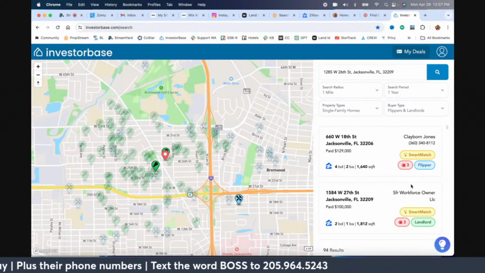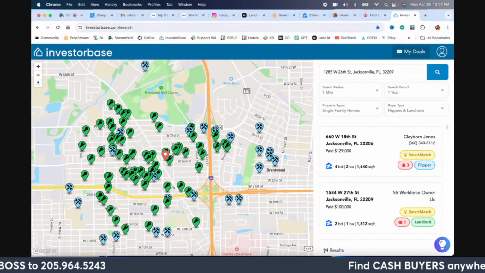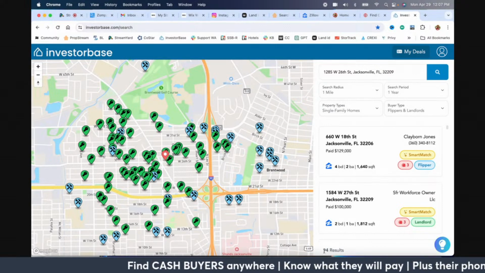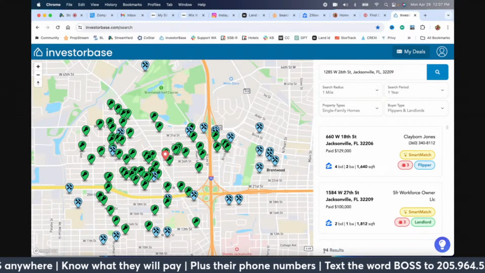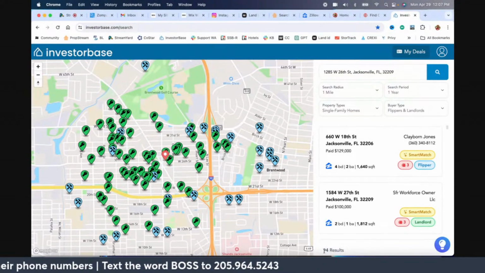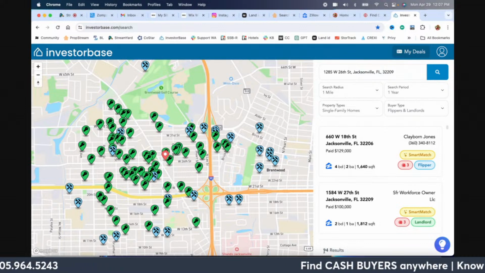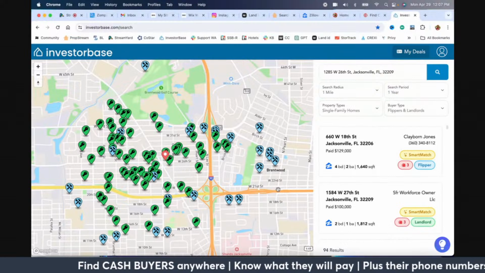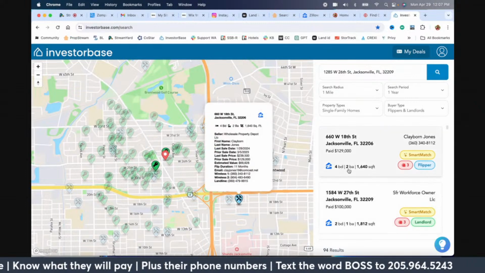Okay, so we got a ton of results in here.